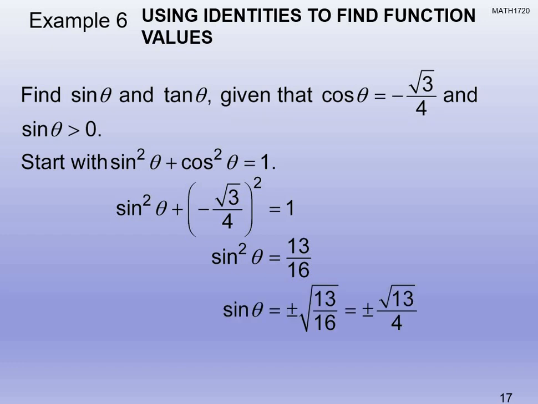When we square root both sides, one thing you need to remember is that when we take the square root while solving a problem, the solution is always going to have two, a positive solution and a negative solution. We have to know which solution to choose based on the condition that sine has to be greater than 0. So in this scenario, we choose the positive, square root of 13 over 4, for our final answer.